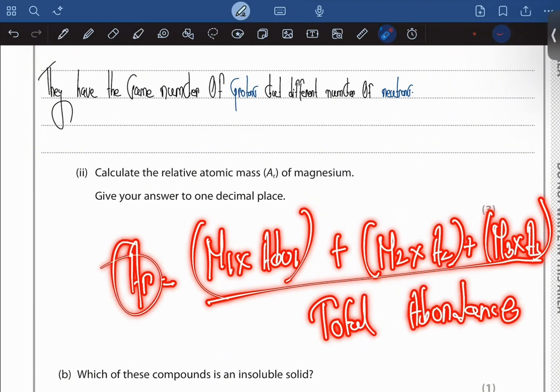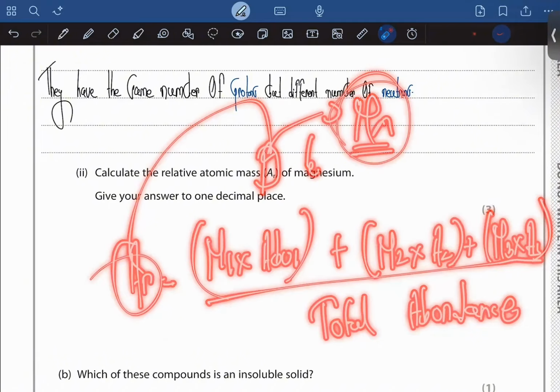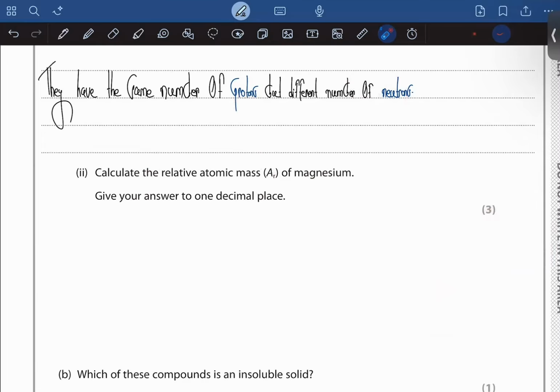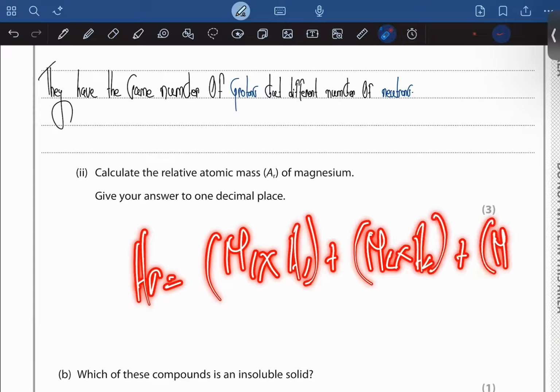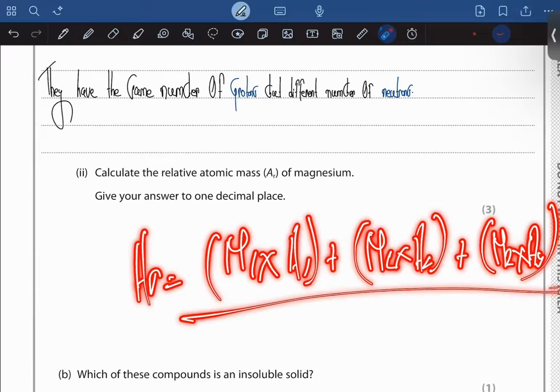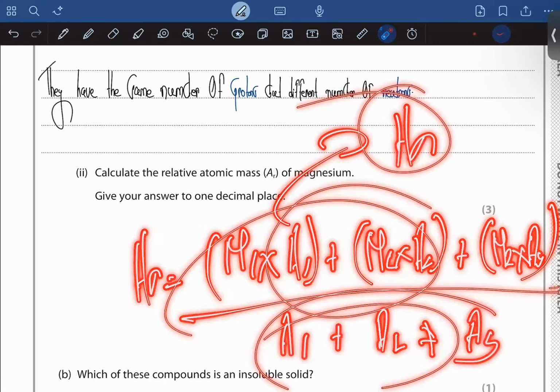Ignore my comment. So Ar equals M1 times abundance 1, plus M2 times abundance 2, plus M3 times abundance 3, divided by abundance 1 plus abundance 2 plus abundance 3. And that basically would give you the Ar of this magnesium.